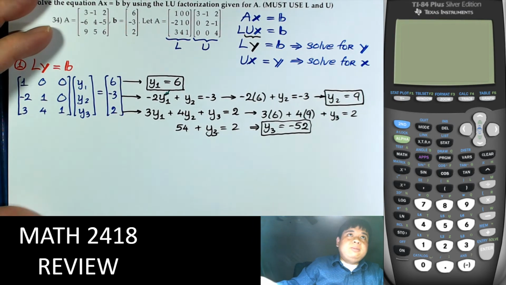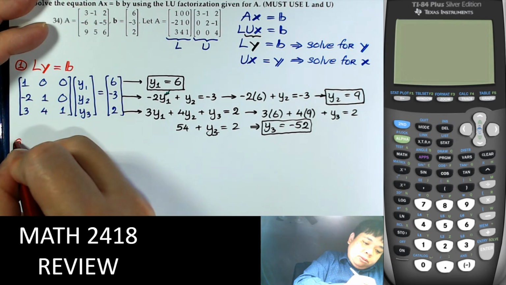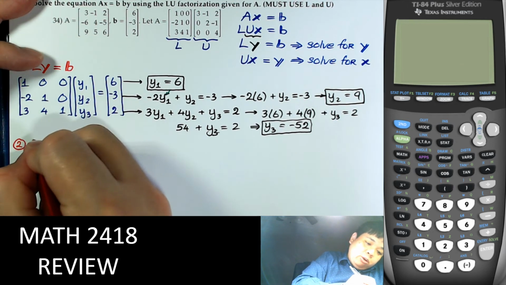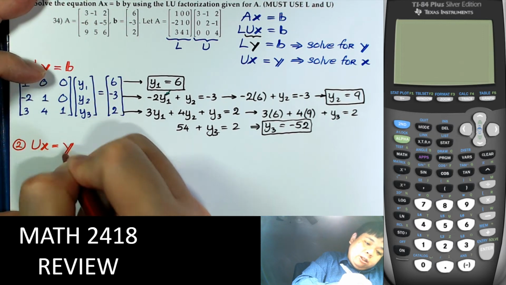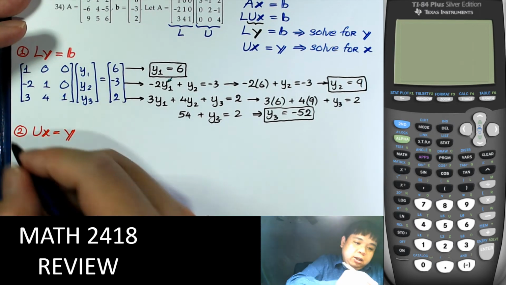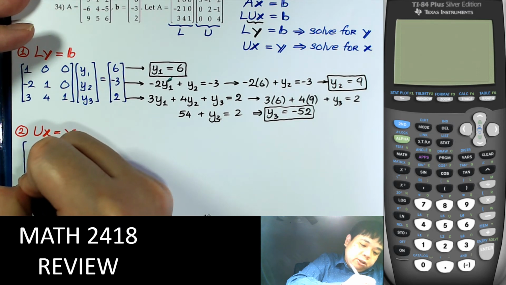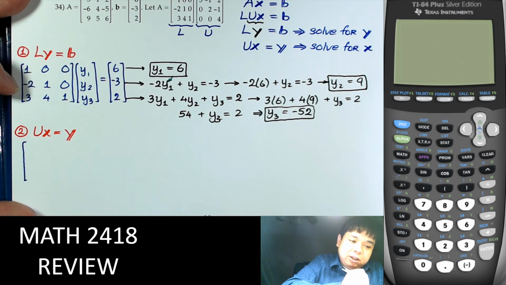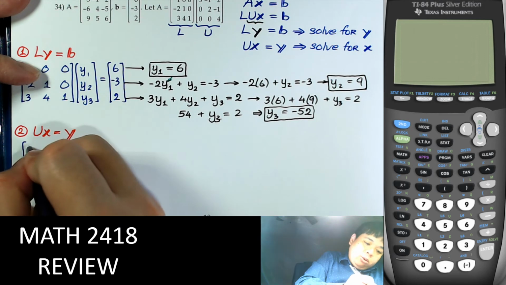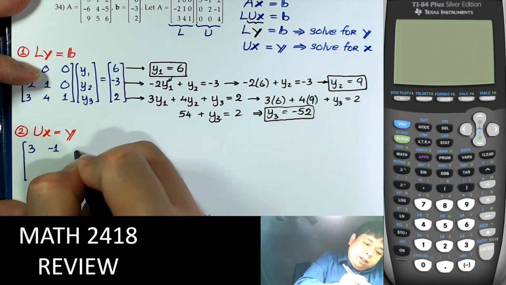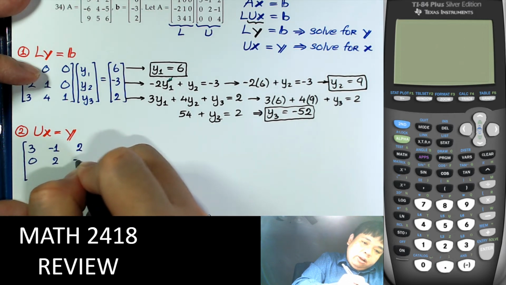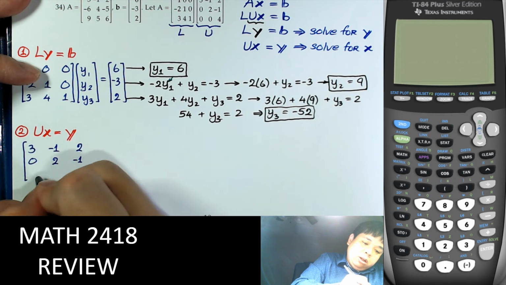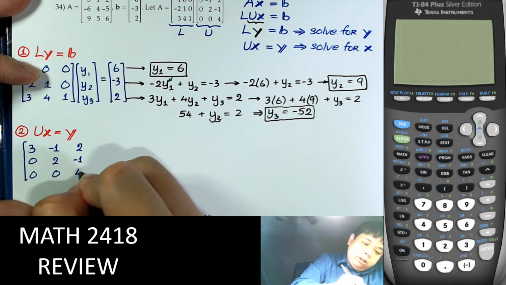The second step is where we have UX equal to Y. U is 3, negative 1 and 2, 0, 2 and negative 1, 0, 0 and 4.